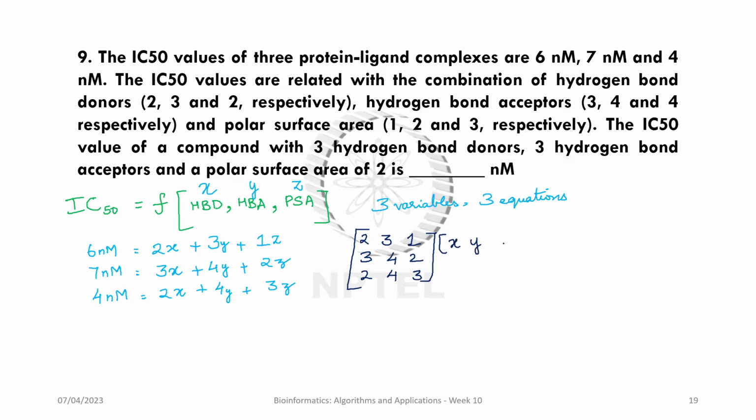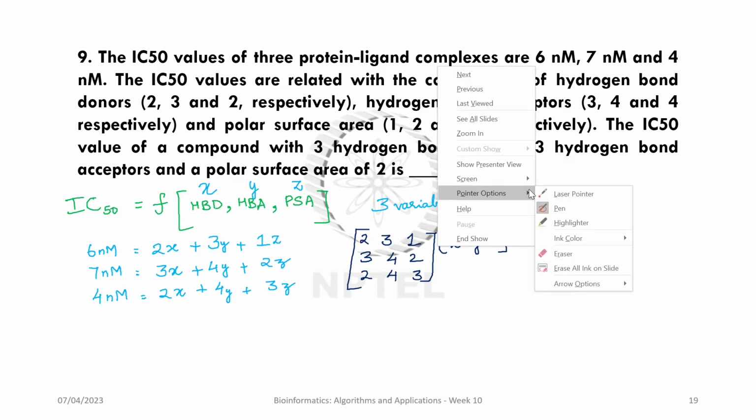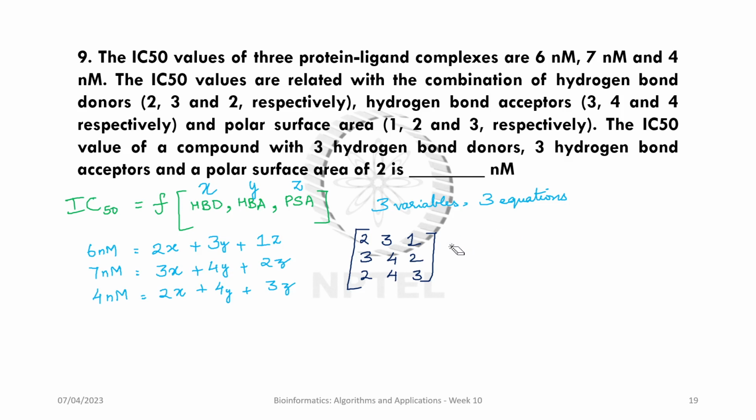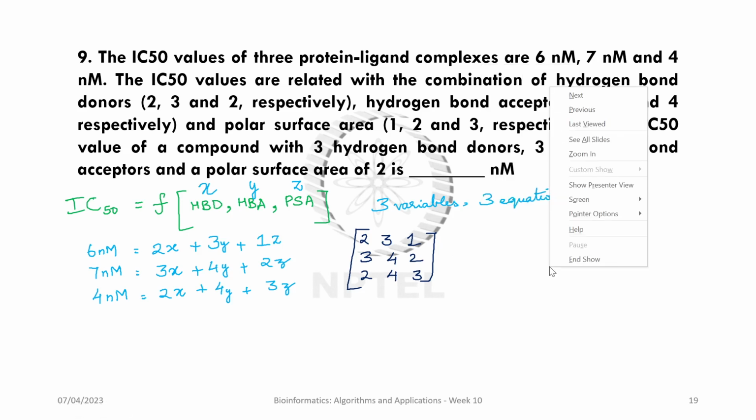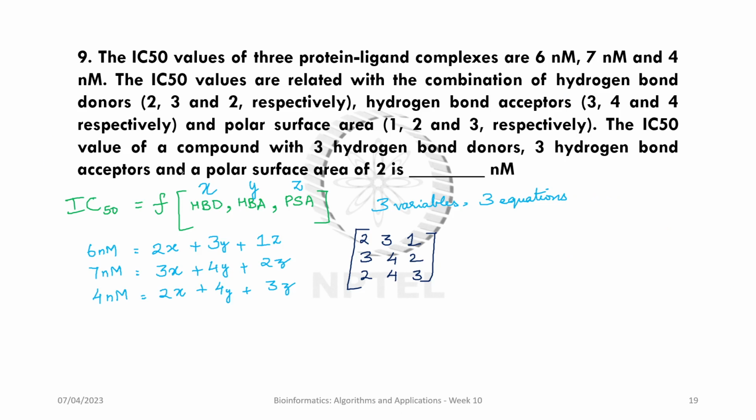And it has to be 3 cross 1, right, in order to get 3 cross 1 again.